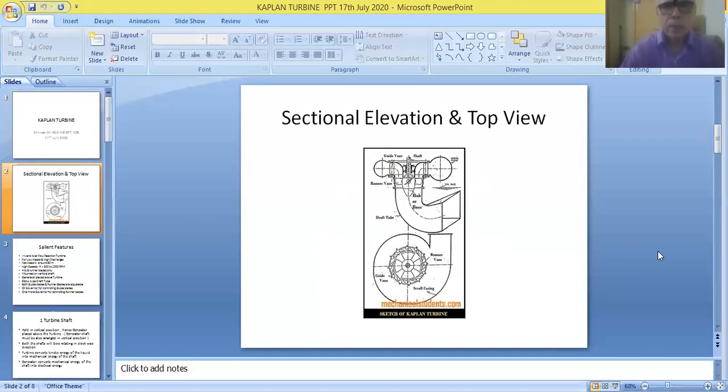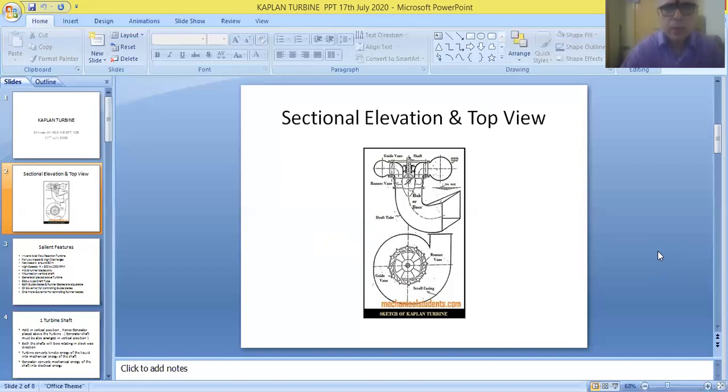Here, this is the slide which indicates the sectional elevation and top view of the KAPLAN turbine. The sectional elevation is shown on the top of the slide, and the top view is shown on the bottom of the slide.